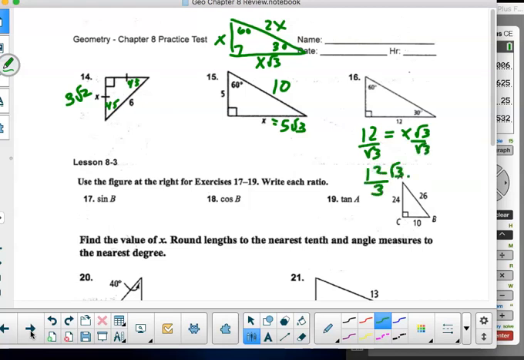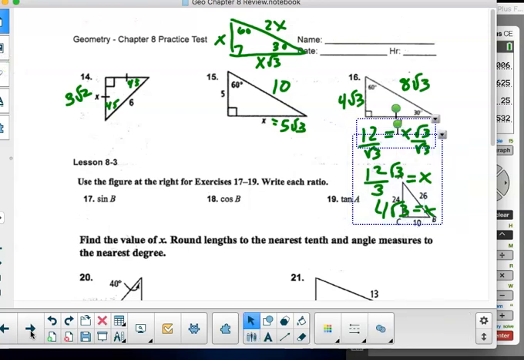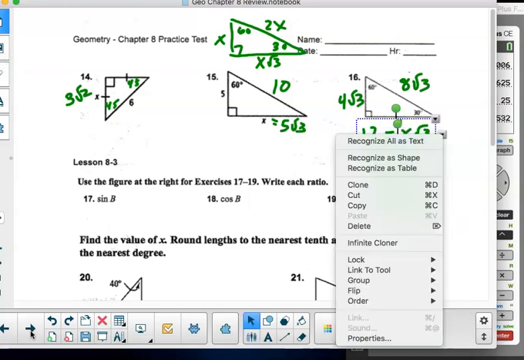Because that's what happens when I do that, and then the square root of 3 is there when I'm done. There's a bunch of ways you can do it. I do it in my head. 4 times 2 is 8, so that's 8 the square root of 3. I'm just going to group this together so I can use that space for the next problem.